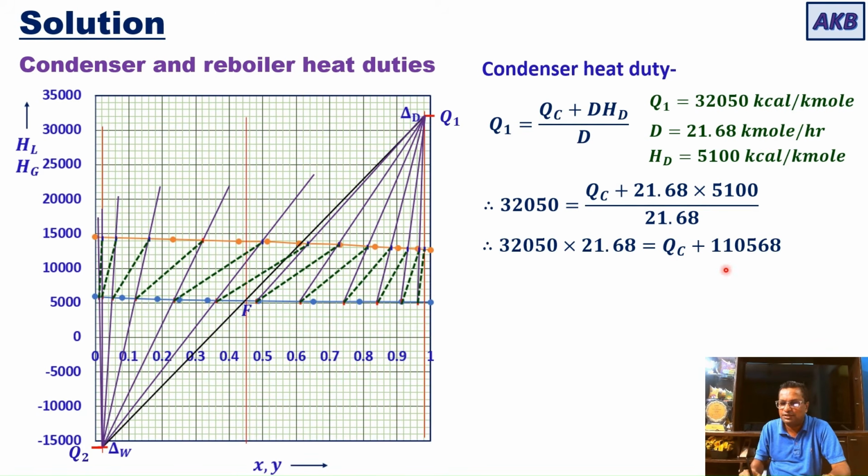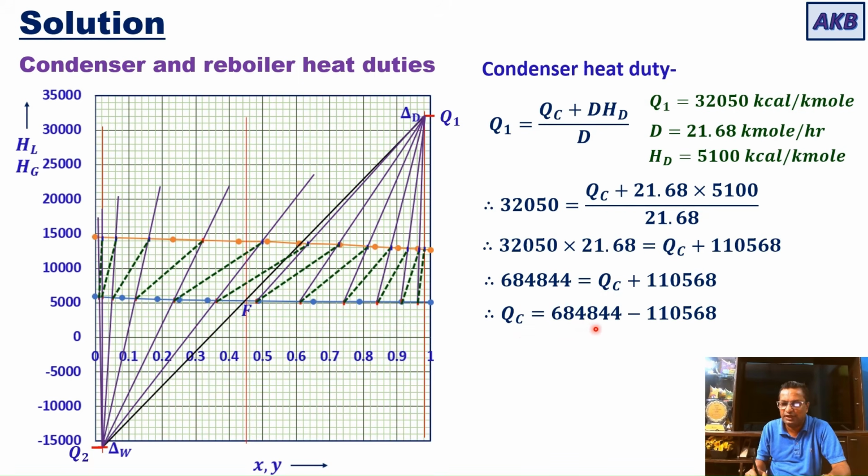This multiplication is 110568, and the other multiplication is 694844, so 694844 = QC + 110568. That is, QC = 694844 minus 110568, so QC = 584276 kilocalories per hour. So this is the rate at which heat is removed in the condenser. The important thing here is we need to know the value of Q1 and all the other values.